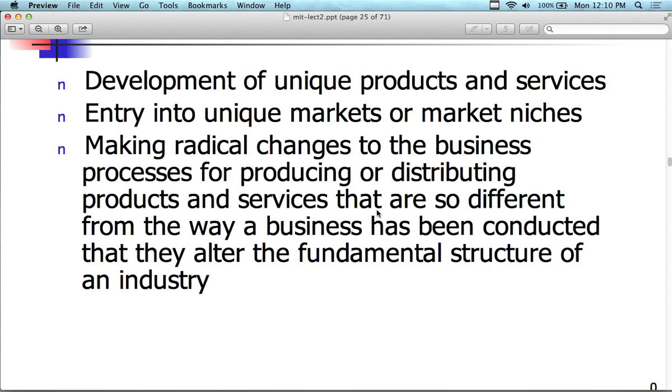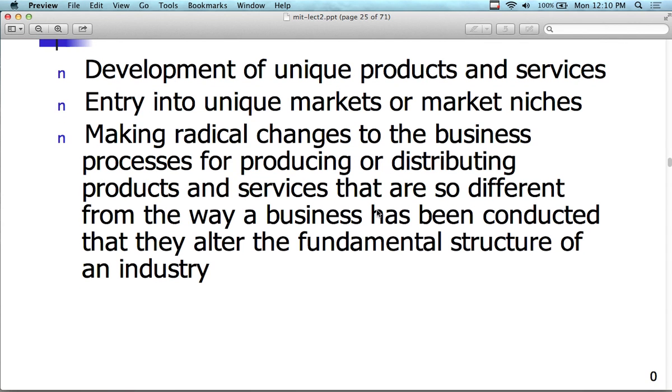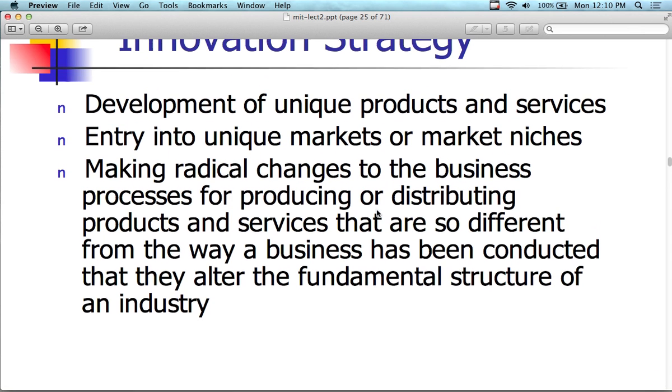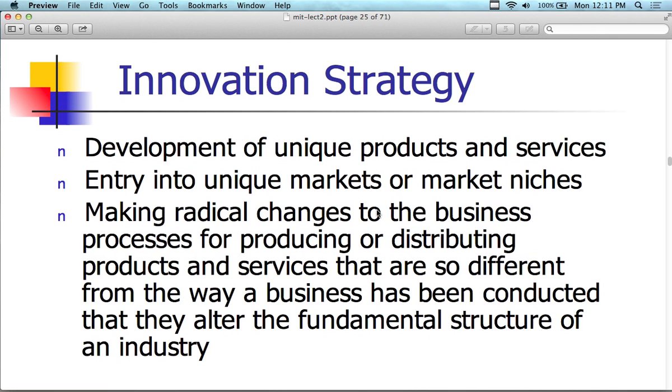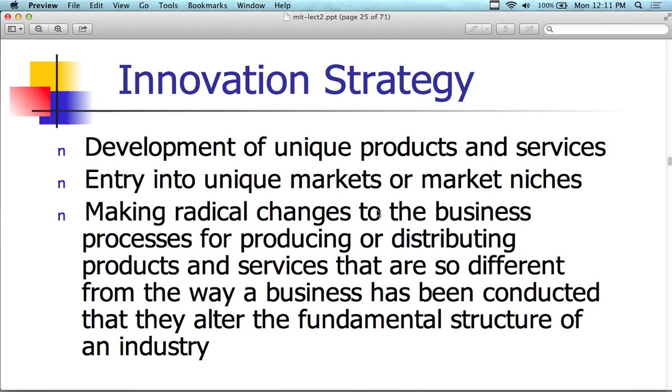If someone can actually come out with a voice over IP cell phone that used just data, no cellular at all, and had a cheap price on it, like a Metro PCS price or something like that, and I'm not endorsing products, by the way, when I mention things. I shouldn't mention company names or anything like that, but that would be an innovative strategy to produce a product to gain a competitive advantage, one part of Porter's model.